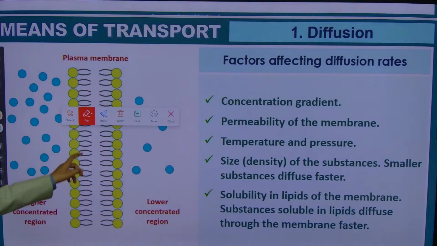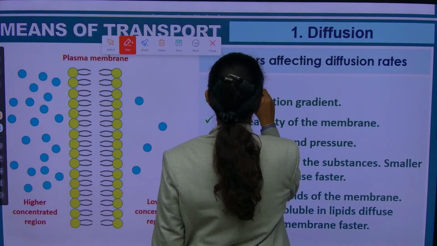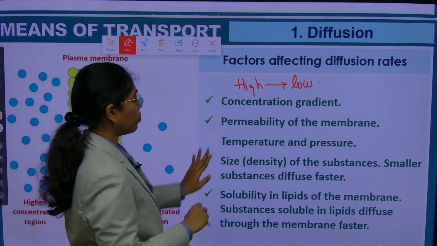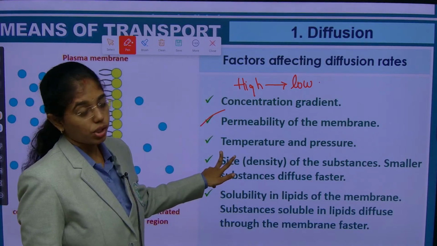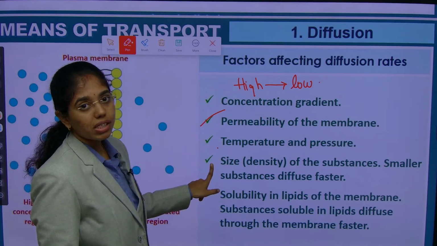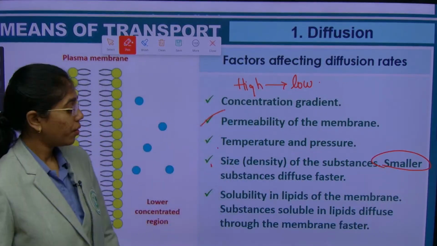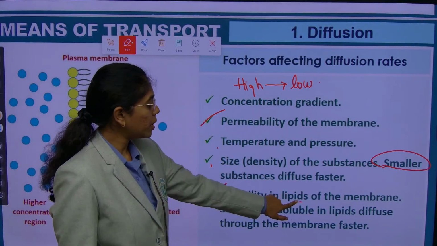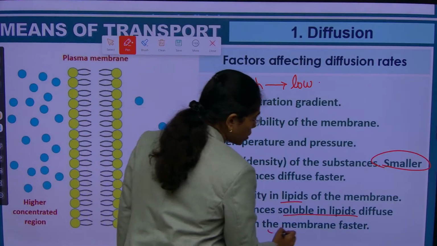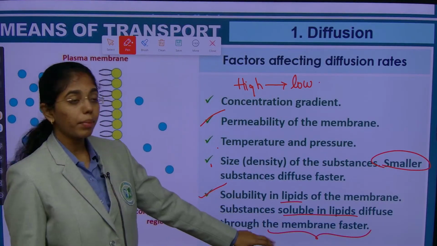Factors affecting diffusion include the concentration gradient, it should be from high to low concentration; permeability of the membrane, it should be completely permeable; temperature and pressure, diffusion is dependent on temperature and pressure; size of the substances, only smaller molecules will diffuse faster; and solubility in lipids of the membrane, substances soluble in lipids will diffuse through the membrane faster.